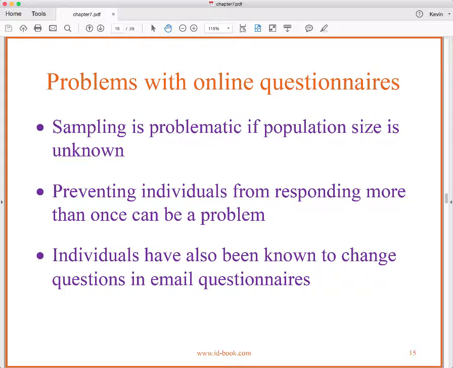And I think that email questionnaires are a particularly bad idea. And the last point here, as I mentioned before, individuals have also been known to change questions in email questionnaires. I'm not saying that says that they're bright, but that's really going to poison your ability to analyze the data.